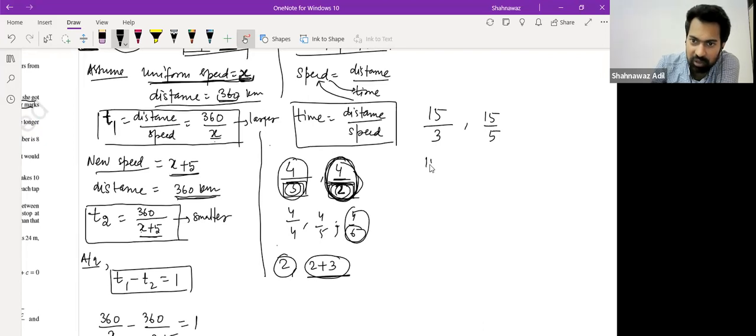So 15 by 3 is 5 and 15 by 5 is 3, right? And if I increase again, 15 by 7.5, this is 2, right?